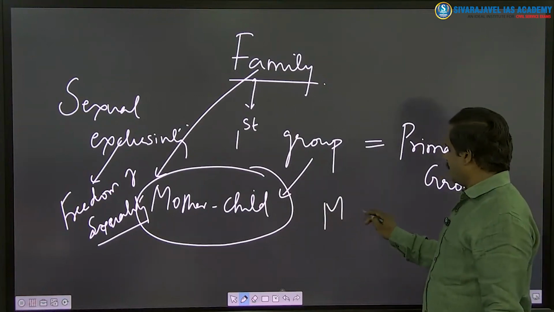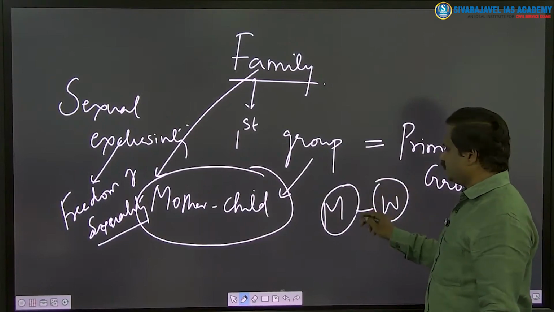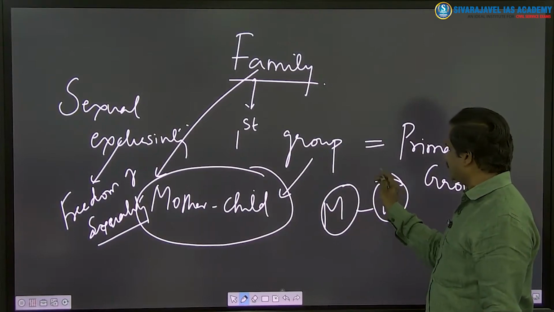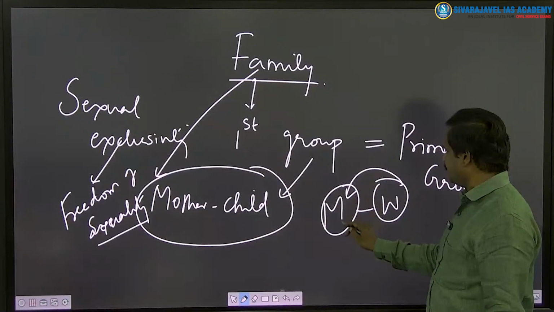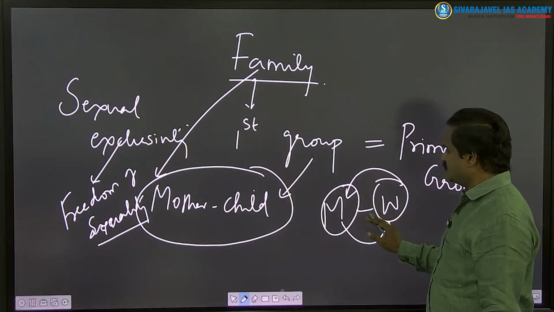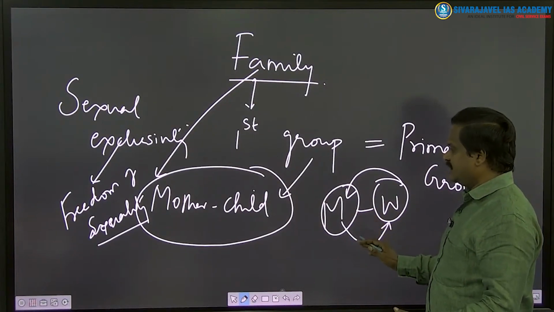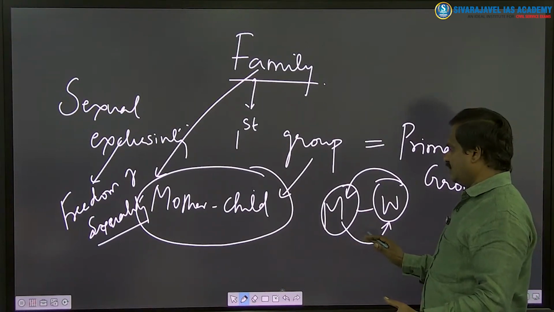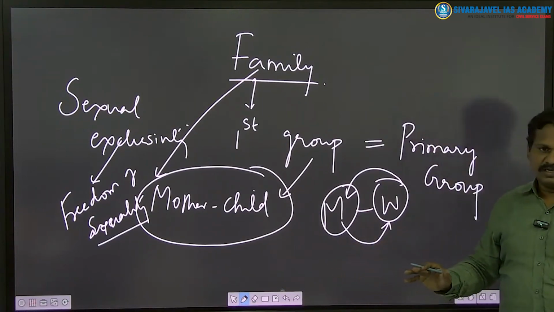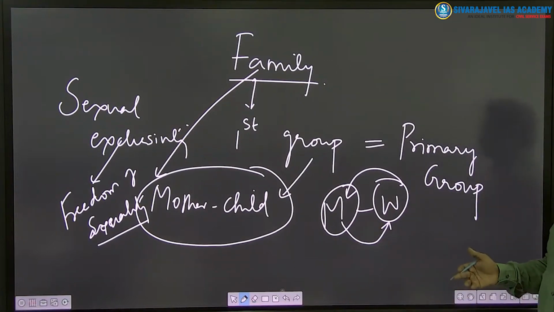Man and woman relation is not exclusive. It is not that this man has an exclusive relation with this woman. So it is a sexually free society, which means there is no restriction on sexual relationships. Everybody has access to every other person, sexually speaking.